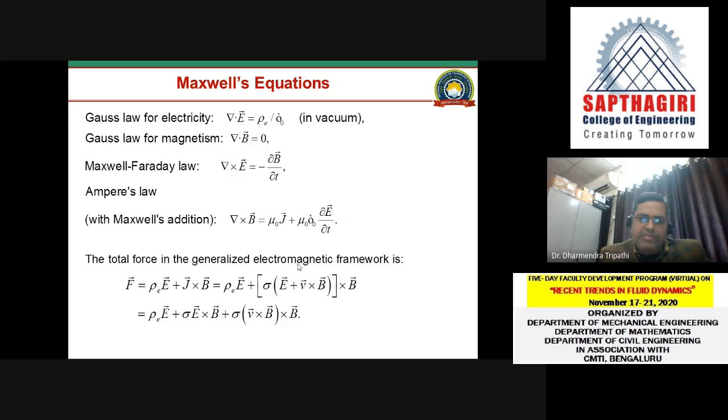With the effect of magnetic field, one thing is the magnetic force always acts in the transverse direction, and the second thing is that due to the magnetic field we can reduce the fluid flow. This is the standard result of hydrodynamics. So we can reduce the fluid flow by applying the magnetic field.